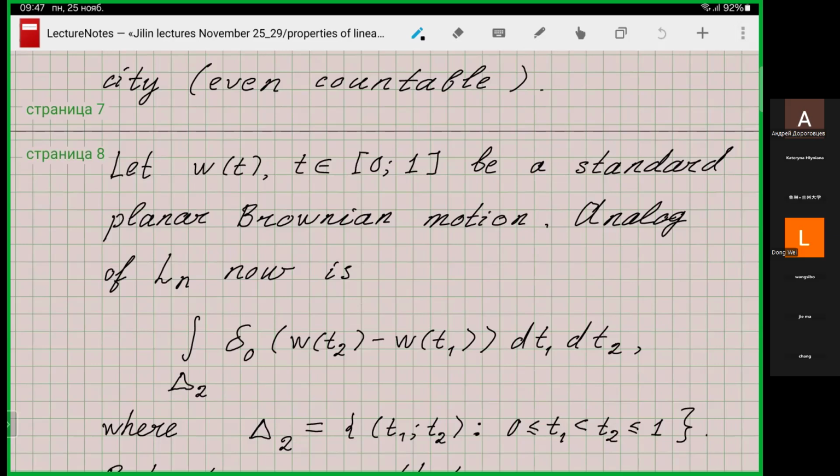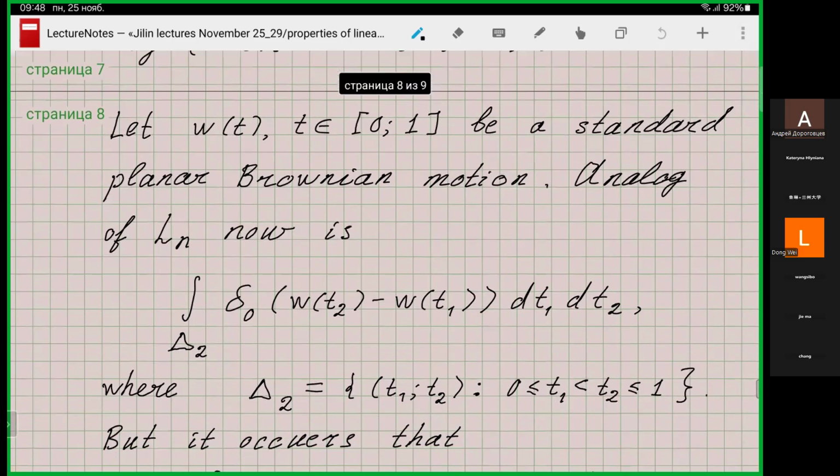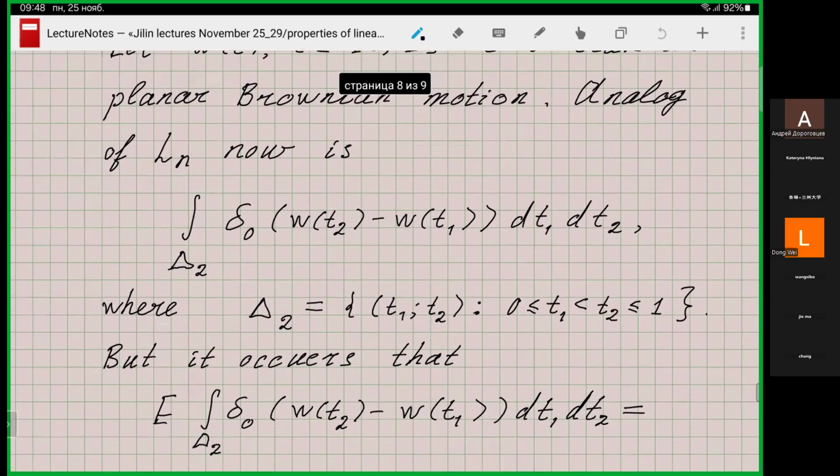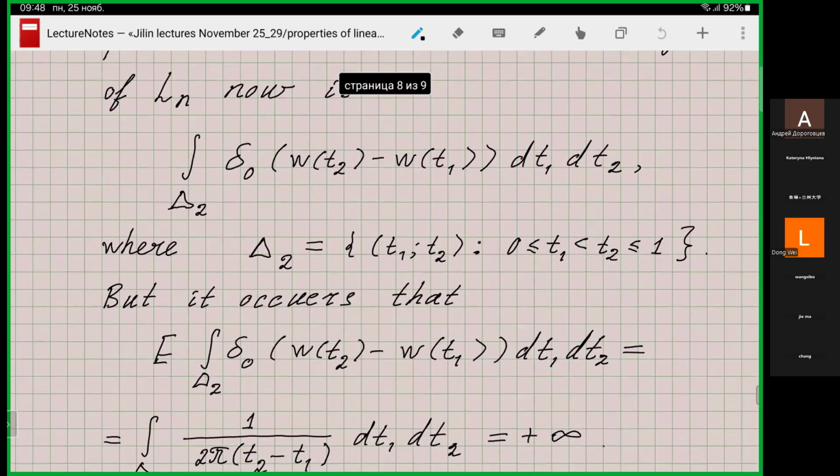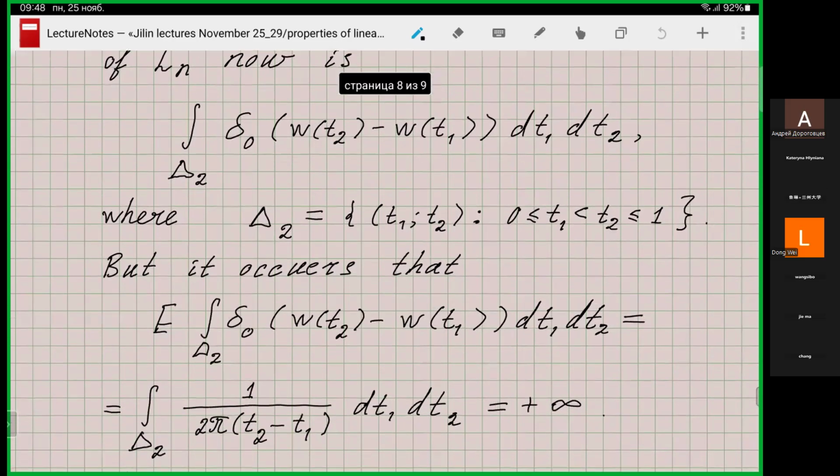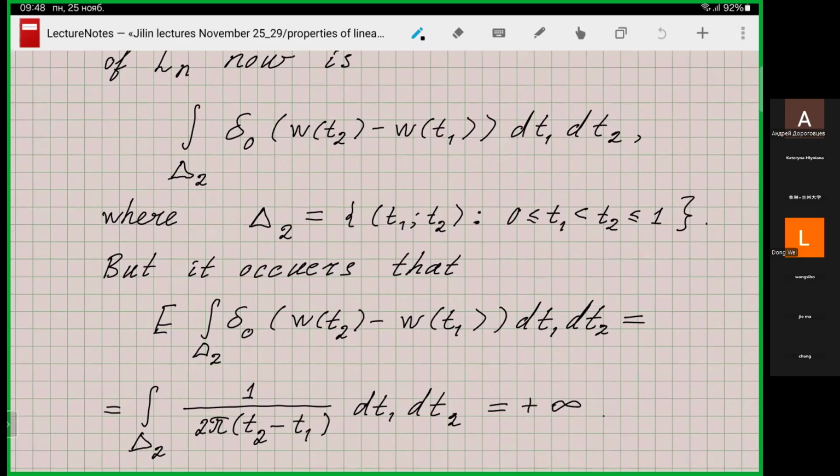Again, I use here the expression for the delta function of the random vector, but as I said, at least in the Gaussian case, it can be defined very properly. And now everybody can easily calculate that the expectation of this random variable in brackets is equal to infinity. Yeah, it is very easy to check.